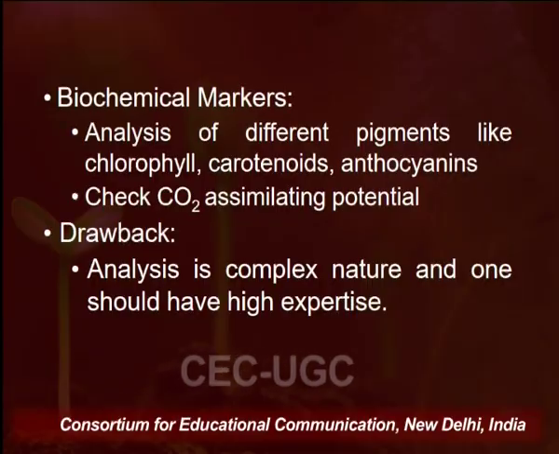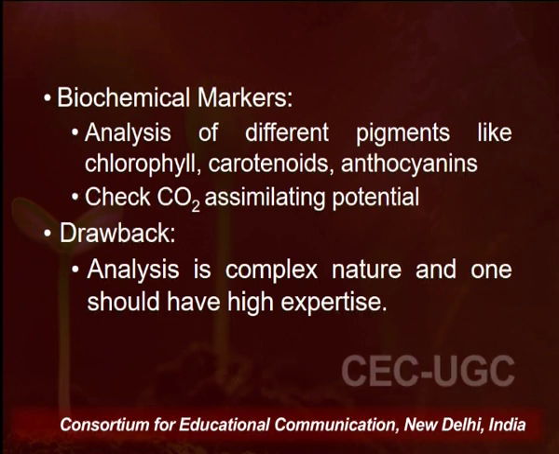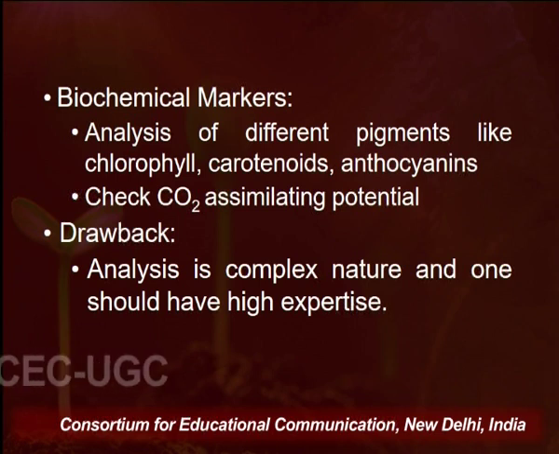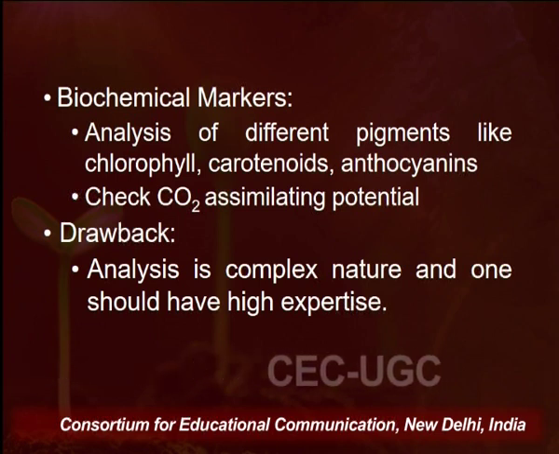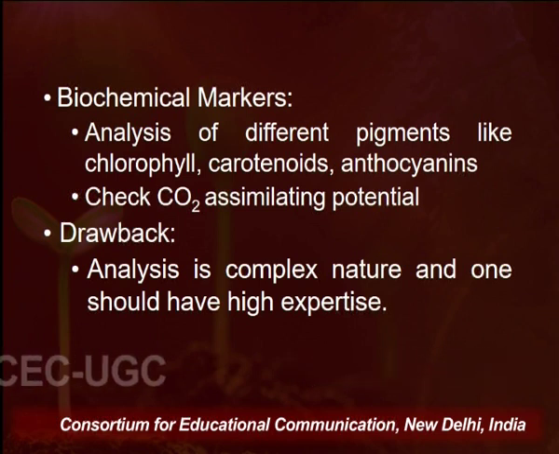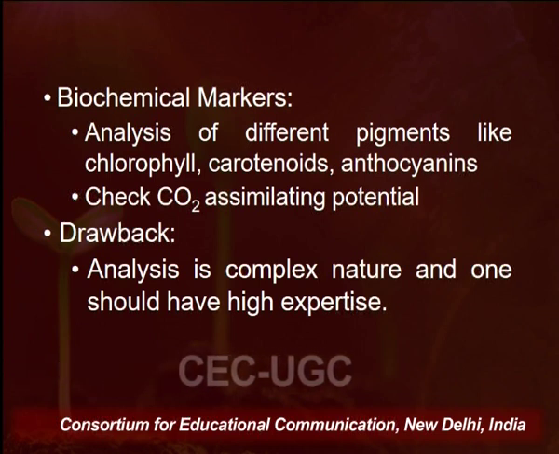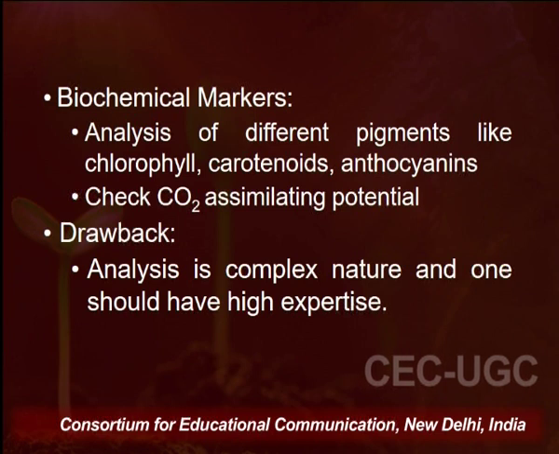Then biochemical markers. Analysis of different pigments like chlorophyll, carotenoids or anthocyanins all constitute biochemical markers. Similarly, the ability of the plant material to convert carbon dioxide into useful derivatives is nothing but the CO2 assimilating potential.